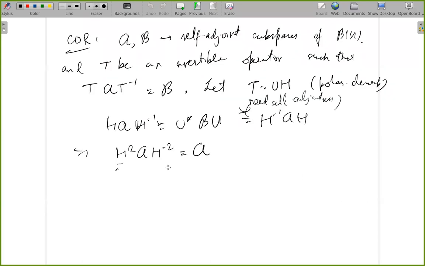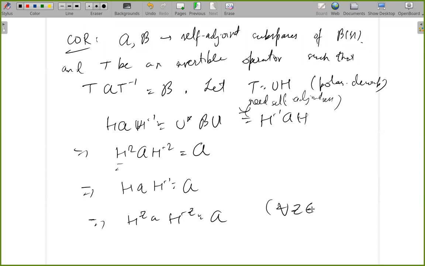In particular, I can take a square root. So this implies H inverse is equal to A. It also says a little bit more: H^z A H^(-z) is equal to A, for all complex numbers. In particular, let me write it suggestively as H^(it) A H^(-it) is equal to A. And these are unitaries.